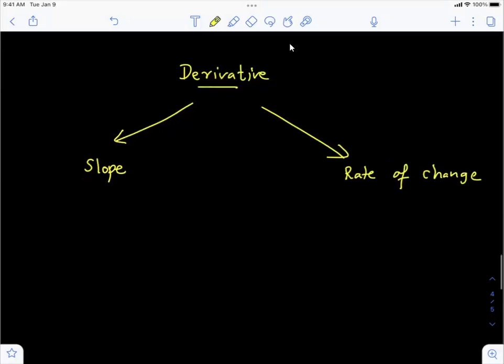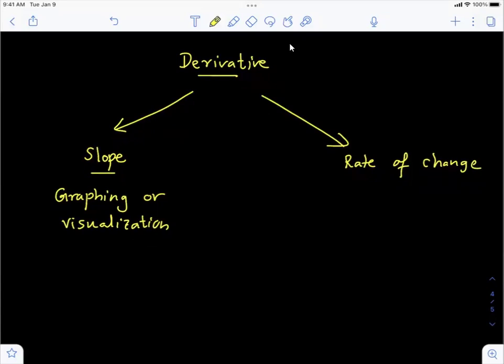In fact, any component, we will see that more in detail later. And when you consider the slope, you will have graphing, graphing of functions or visualization, or sometimes even optimization, some important geometric applications.